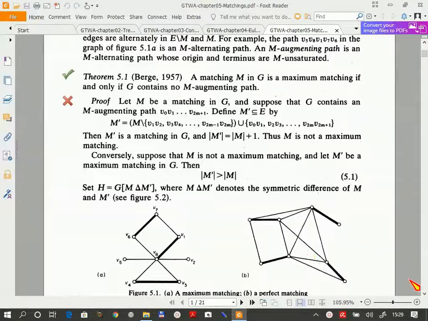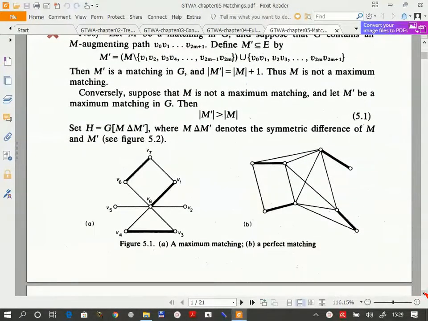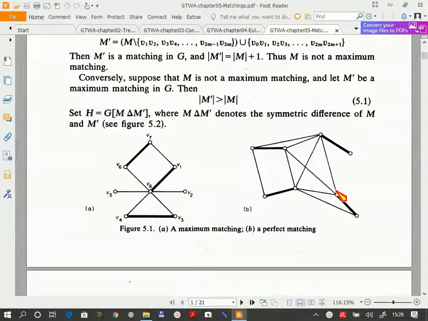I would like to have a look at these two. Okay, this is a perfect matching. And actually here it's easy to find other perfect matchings. I would like to see whether I can have one which is maximal but not maximum.